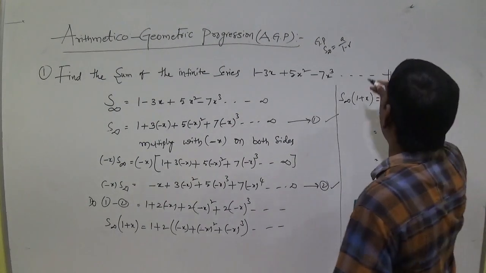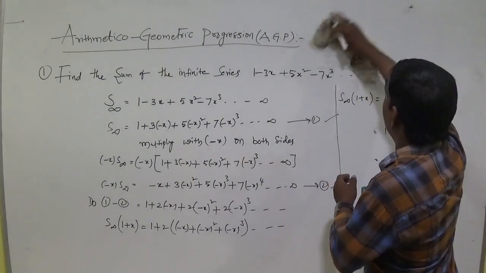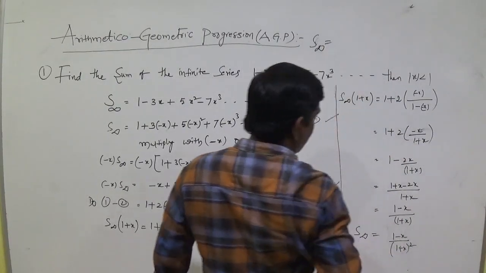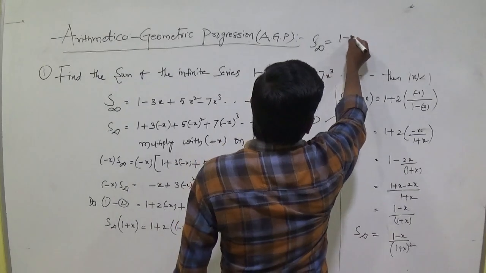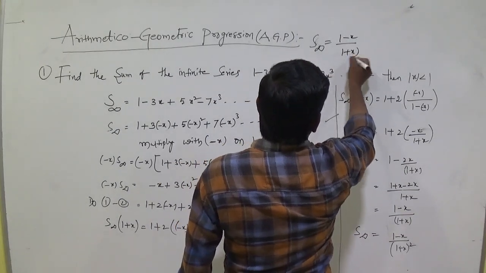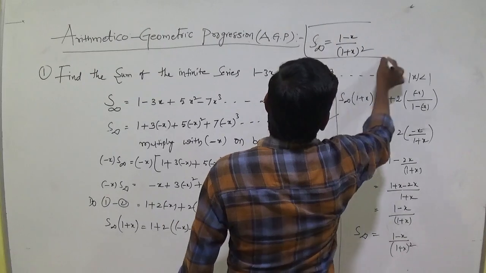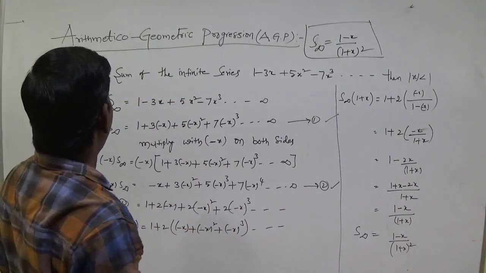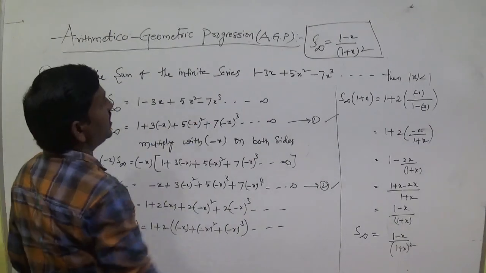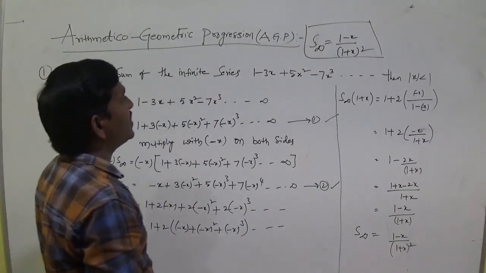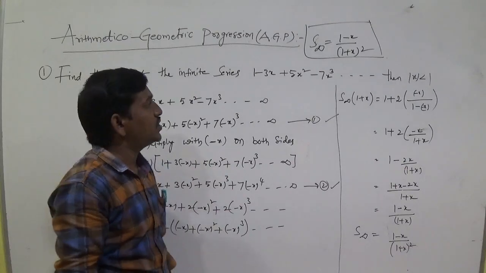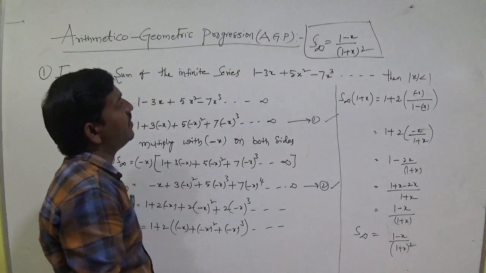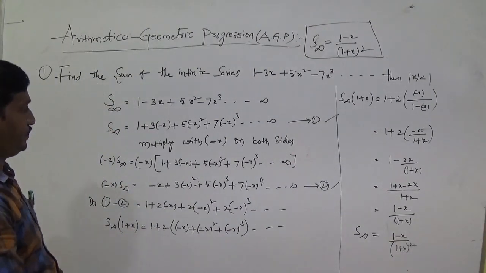So we got the final value: S infinity equal to 1 minus x by 1 plus x whole square. So the sum of the infinite series 1 minus 3x plus 5x square minus 7x cube, with mod x less than 1, is S infinity equal to 1 minus x by 1 plus x whole square.